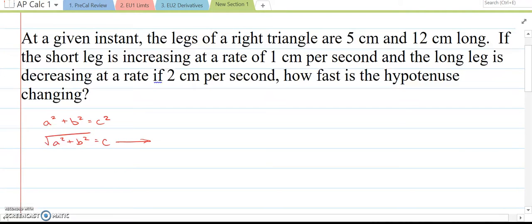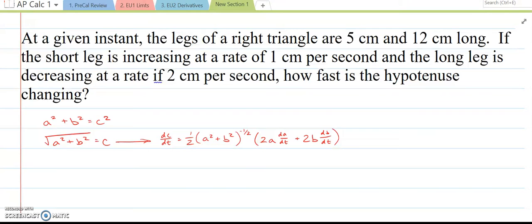This is what you should end up with. dc dt equals 1/2 of a squared plus b squared to the negative 1/2 times 2a dA dt plus 2b dB dt. And again, all of those are over dt because we're differentiating with respect to time right now. I did a chain rule by moving the power down to the front, subtracting 1 from it. Then the inside derivative is right there for you.